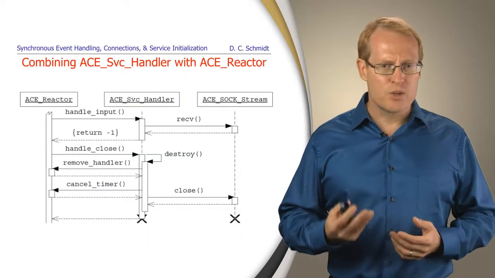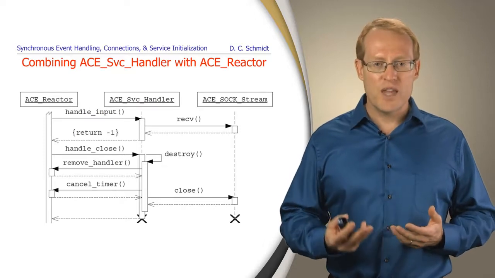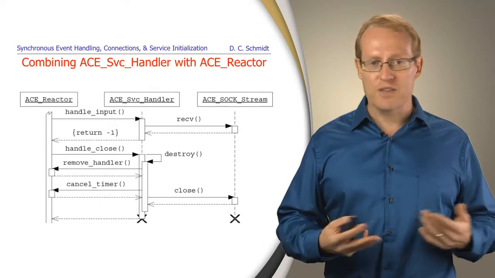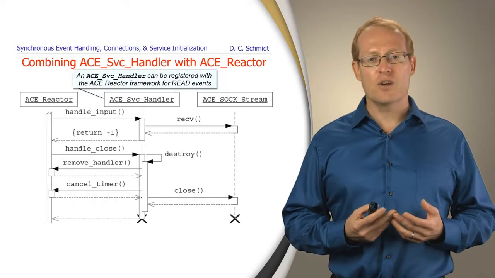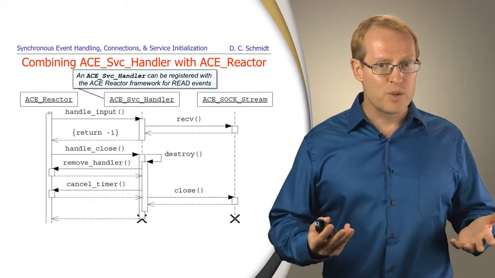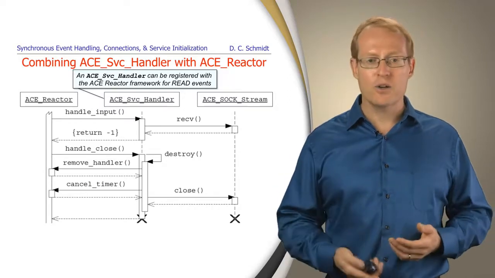Here's a simple illustration that shows how you can use the ACE Service Handler with the ACE Reactor. This is what you get out of the box if you don't do anything to the contrary. Typically, an ACE Service Handler will register itself with an ACE Reactor when it's been created by an acceptor or a connector.